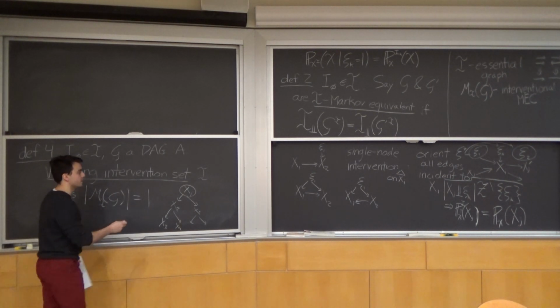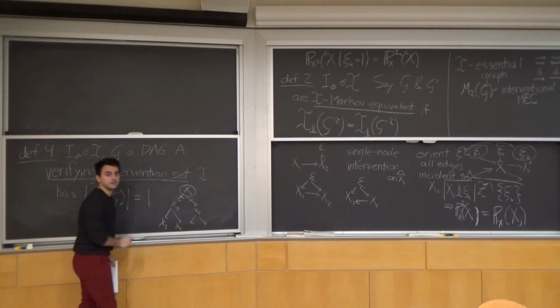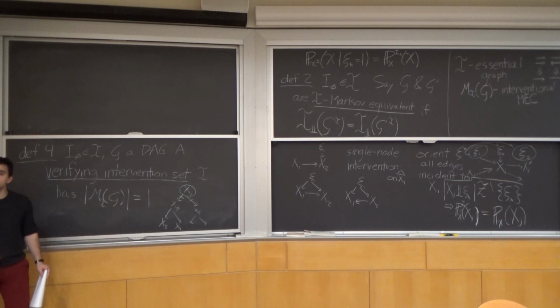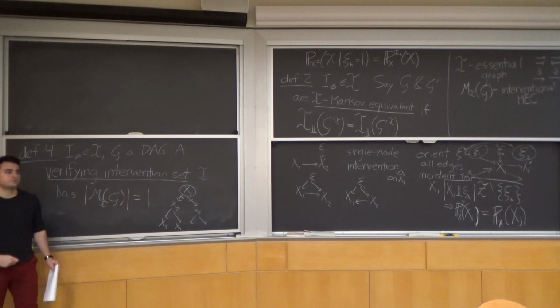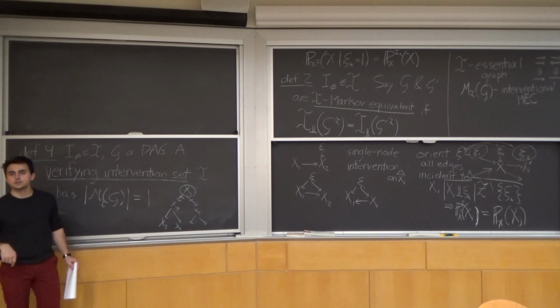So we know that we get the edges incident to the node that we intervened on as a single node intervention, right? And then do y'all see why we get the other edges?